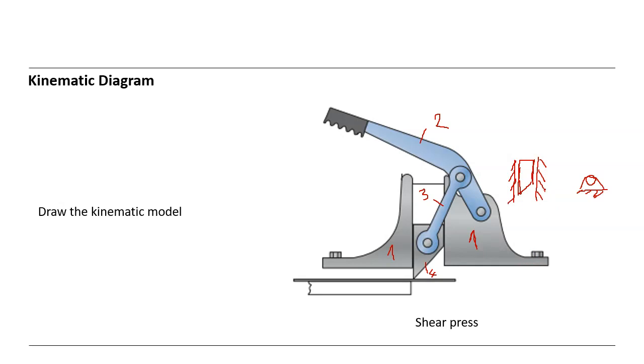Linear motion. And we have here one joint, and this joint is connected to this one.